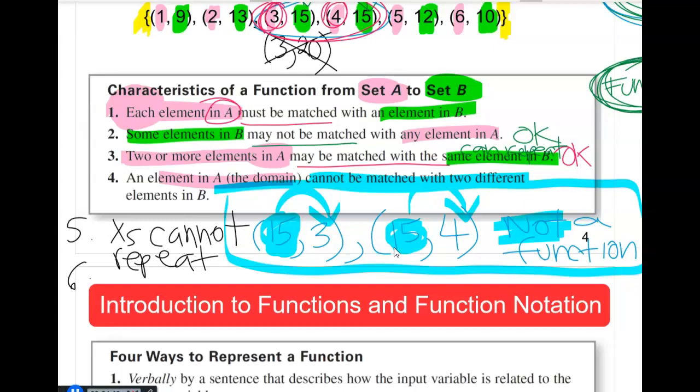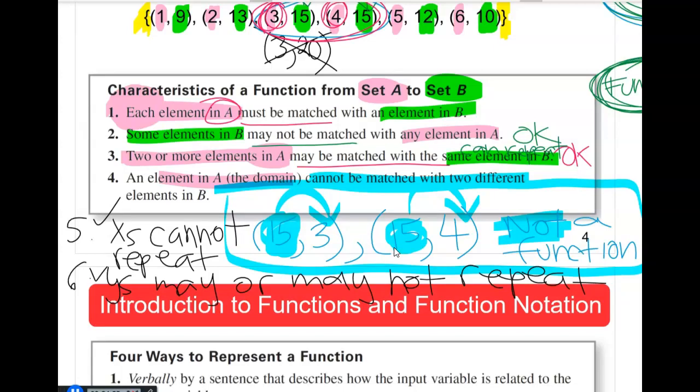And number 6 will be that Y's may or may not repeat. So if you could check for that, that could be an easy way to check if you have a function.